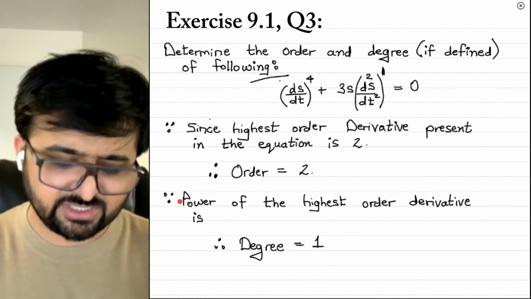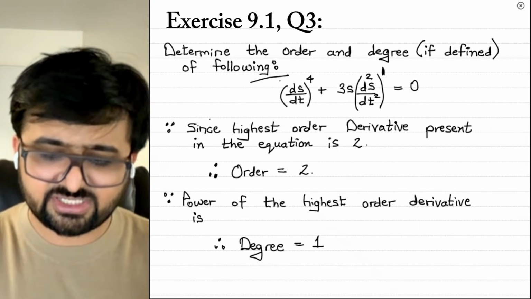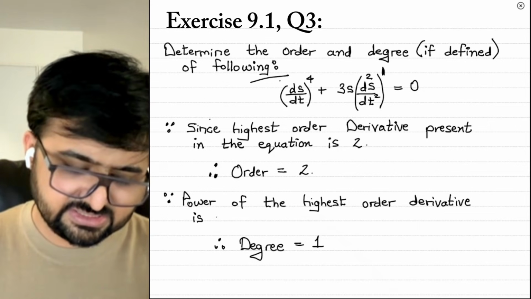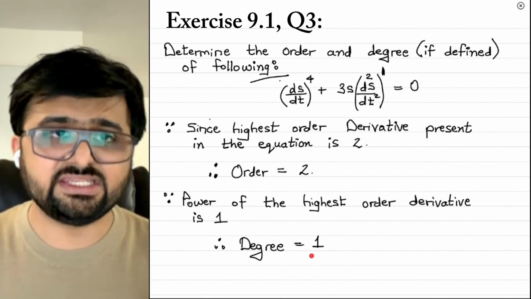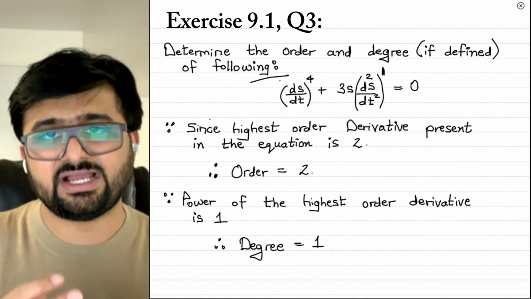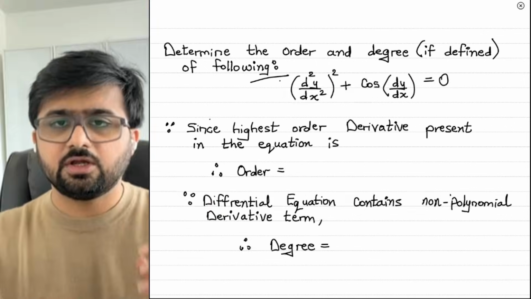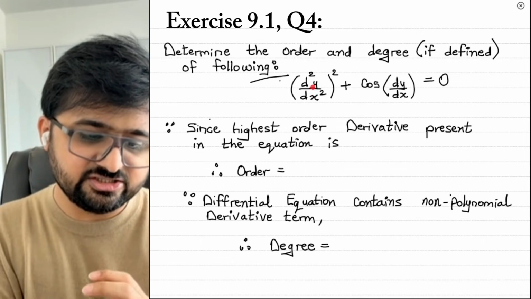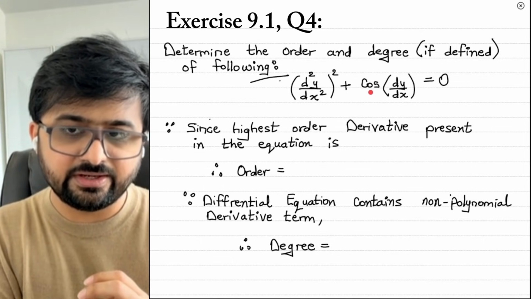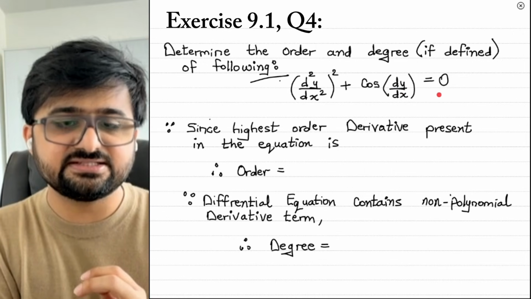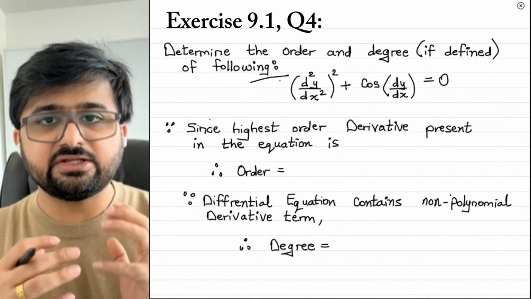In the exam, you have to write it as: since the power of the highest order derivative is 1, therefore the degree in this case is also 1. I hope that makes sense. All right, let's look at the next example: d2y by dx squared, the whole squared, plus cos dy by dx is equal to 0. Let's find the order first.